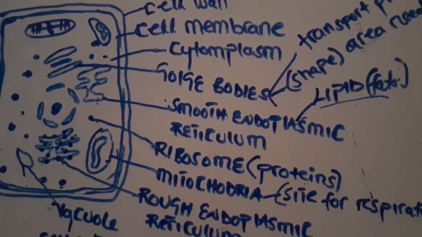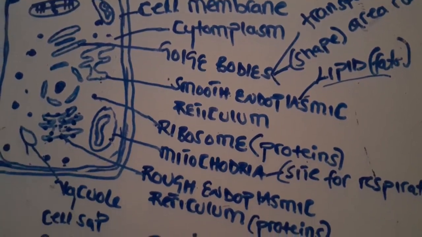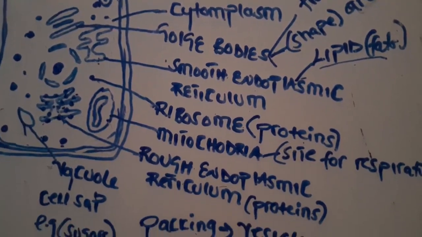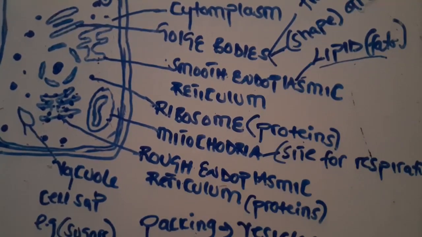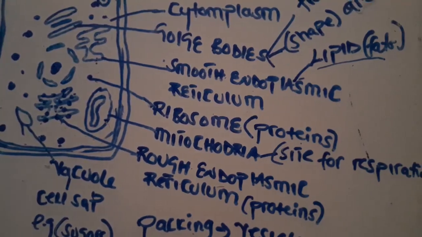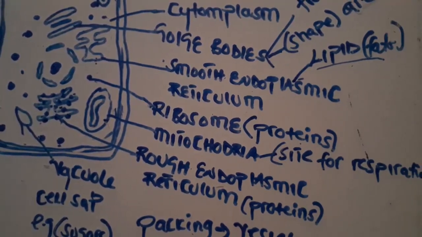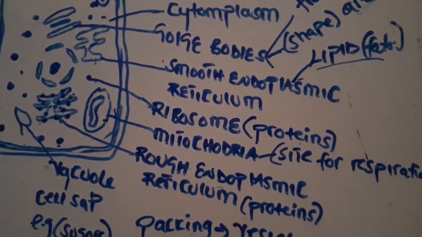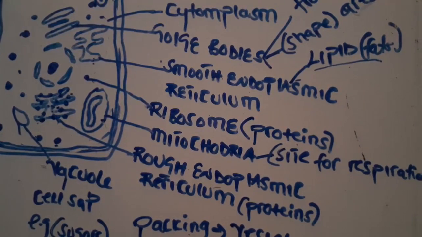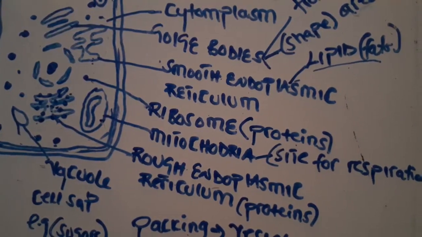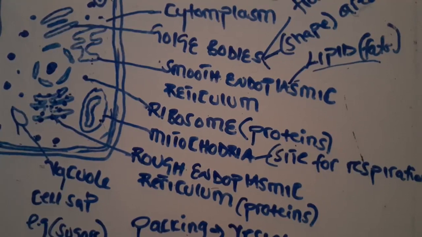So let's also talk about the ribosomes. I've talked about them. The function of the ribosomes is to produce proteins. And the function of the mitochondria, we said, is to produce energy.